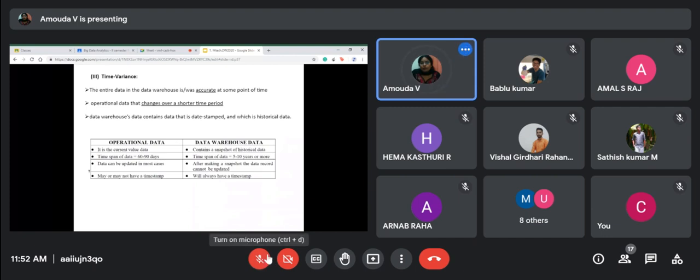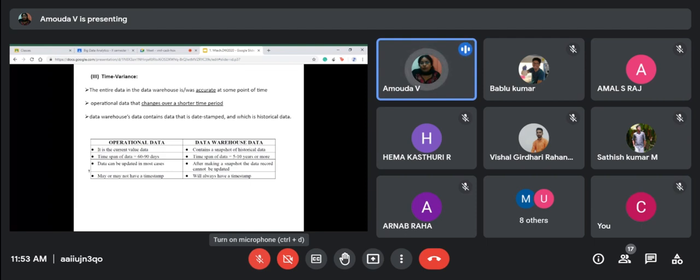Any doubt? If not, the third one is time variance, where you should know the time should be given for the data values, either 5 years or 10 years. It is the third characteristic of data values: historical in nature. I should say why we need this time variant, because the data is historical in nature.